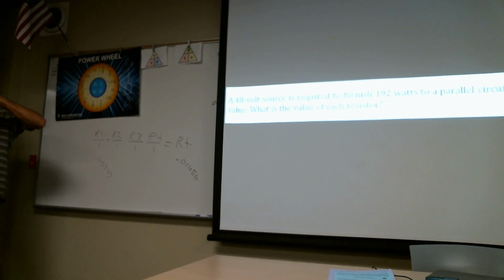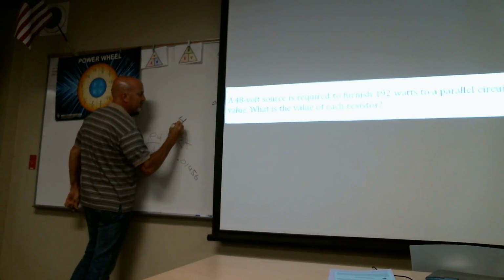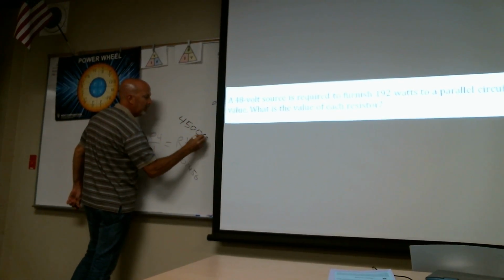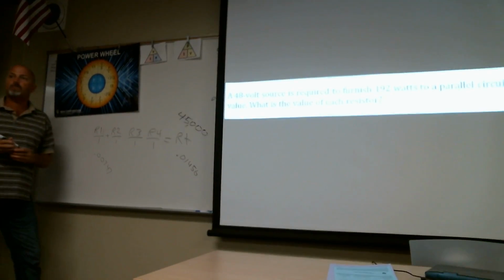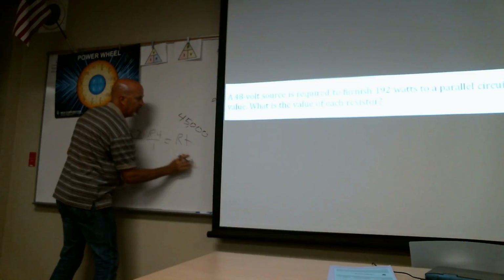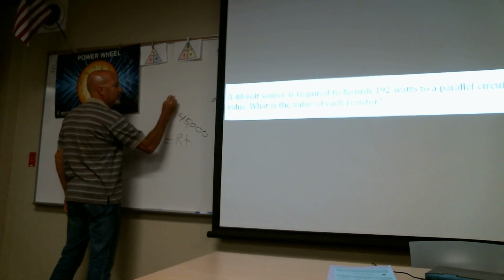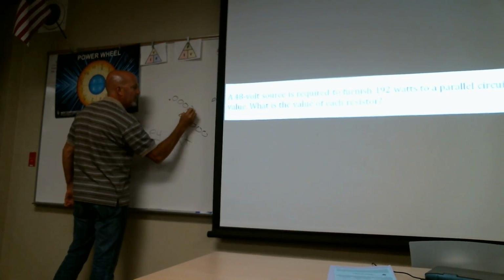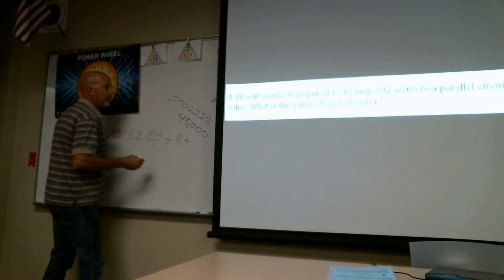And if you want to test your answer, suppose resistance total is, let's do this, 45,000. Somebody punch in 45,000, 1 over x. Tell me what you get. 0.0000222222. 4 zeros. Okay.